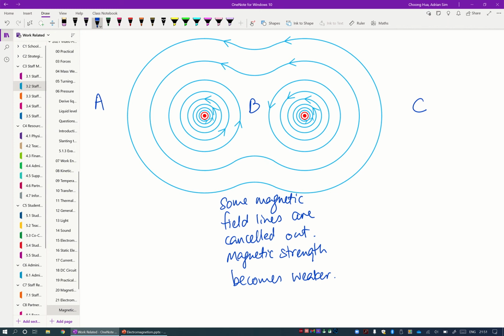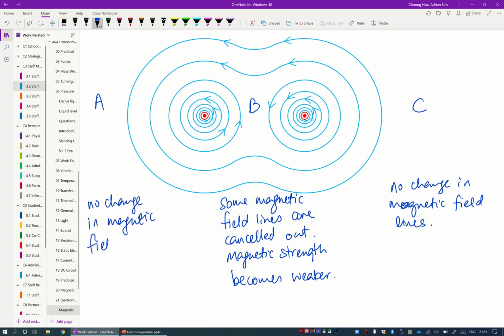For region A and C, there's no change in magnetic field lines.